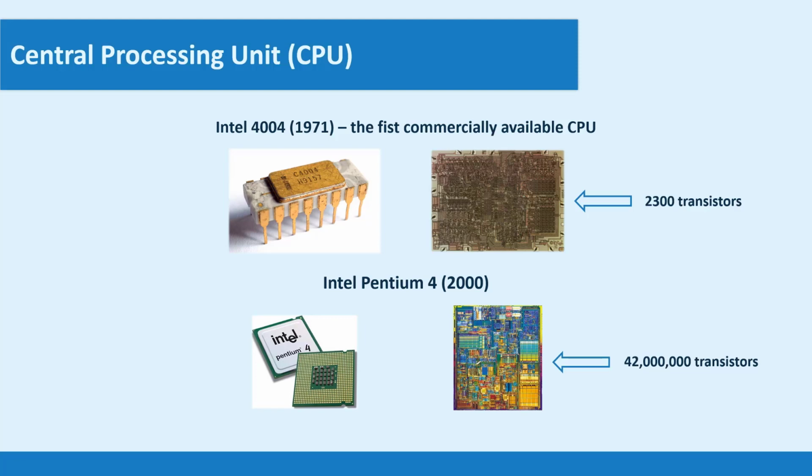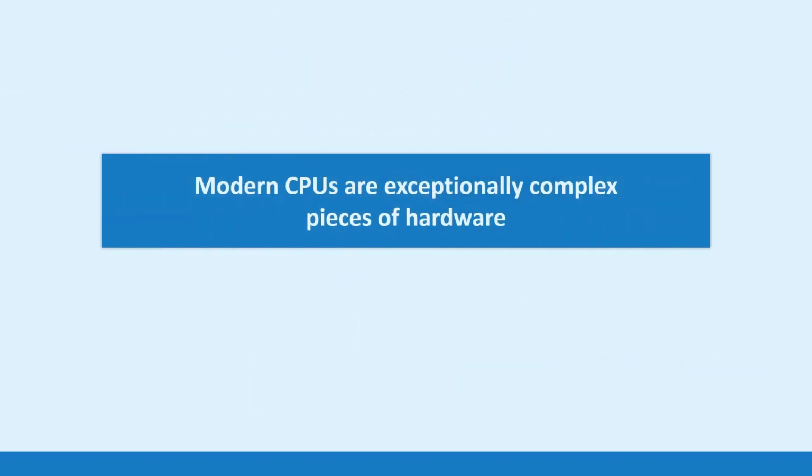There are just too many transistors in this processor. And sure enough, after another 20 years of evolution, today our central processing units are even much more complex than Intel Pentium 4, and they already consist of approximately 2 billion transistors. So CPUs are very complex beasts that consist of billions of transistors and have hundreds of modules inside them.